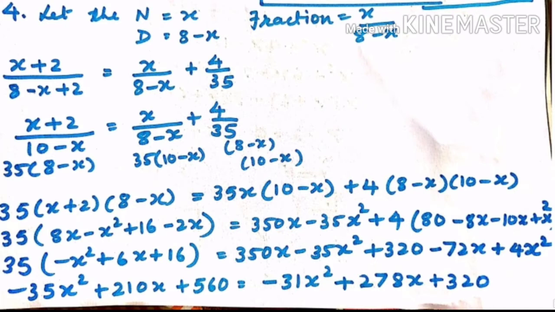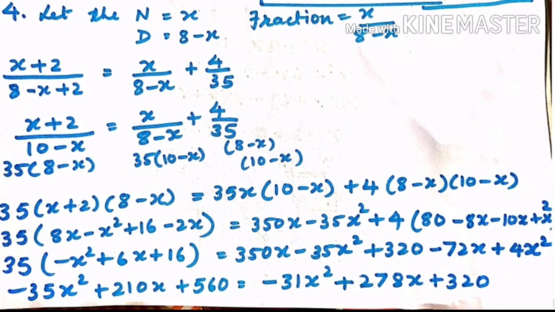Now you have to check that we have to make it linear. So we will take the LCM to solve it. Now I have taken the first fraction, 35 upon 35, 8 minus x we have to multiply with, and then second 35, 10 minus x, and next is 8 minus x, 10 minus x. Students, in this type of question you have to take so much care, and also patience is needed here.